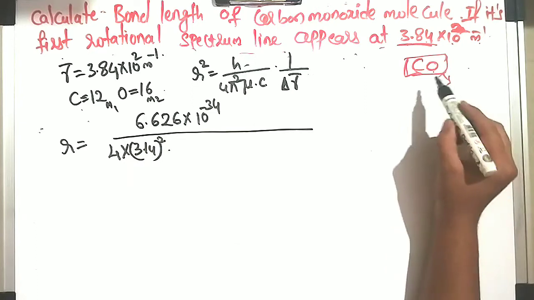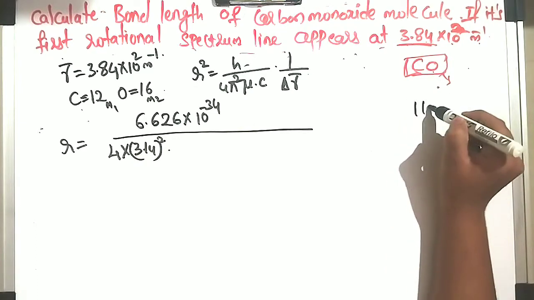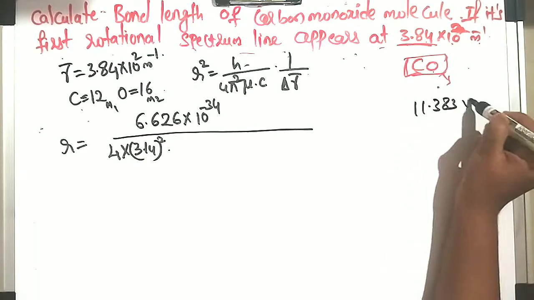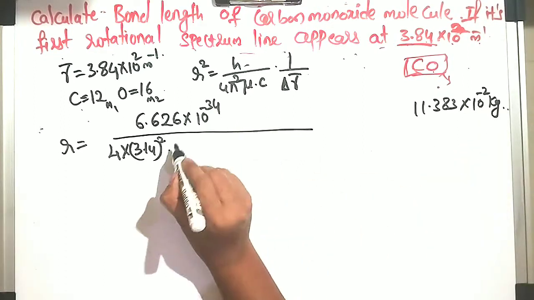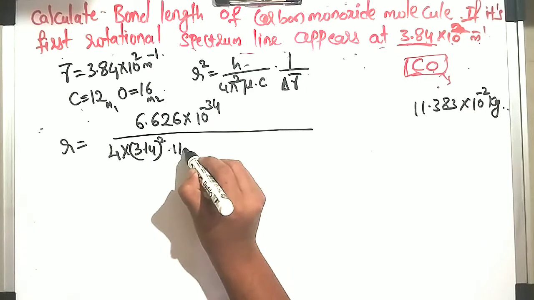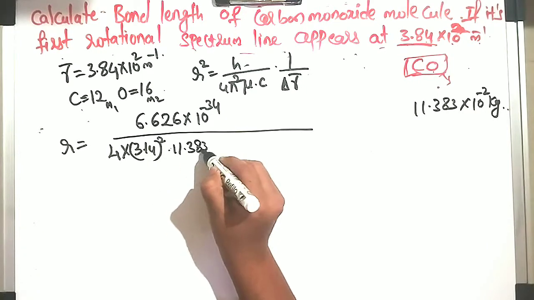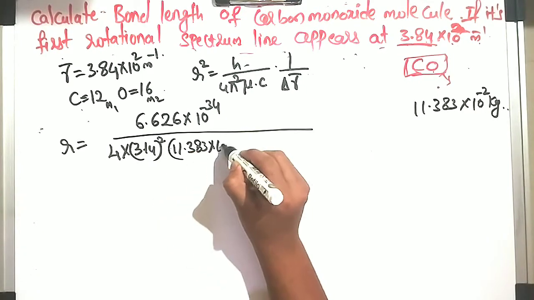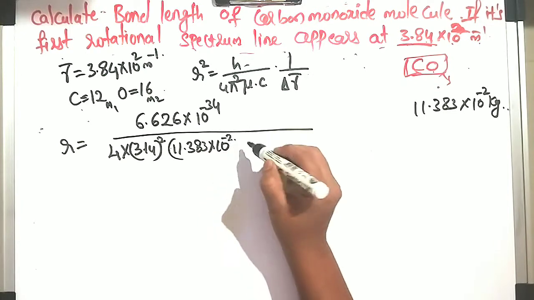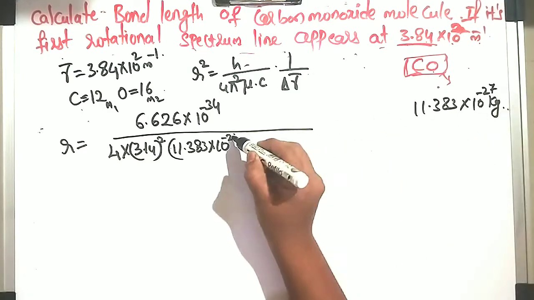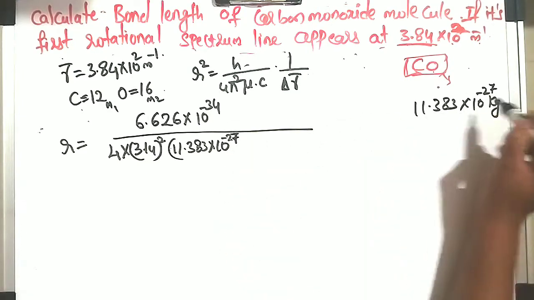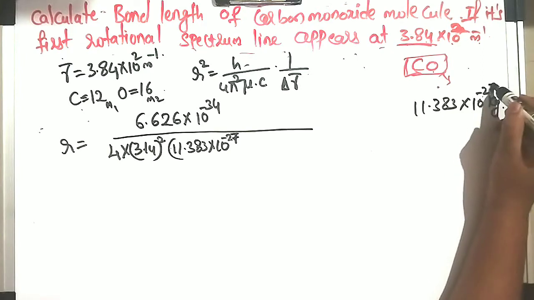The reduced mass we have got, that is 11.383 into 10 to the power of minus 27 kg. Sorry for this, earlier I wrote minus 2, but this is 10 to the power of minus 27.